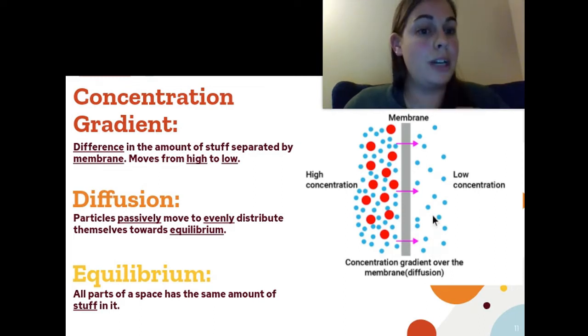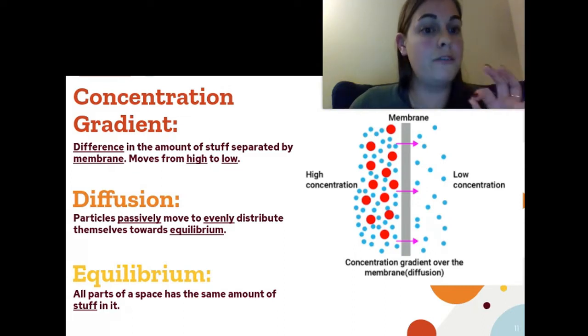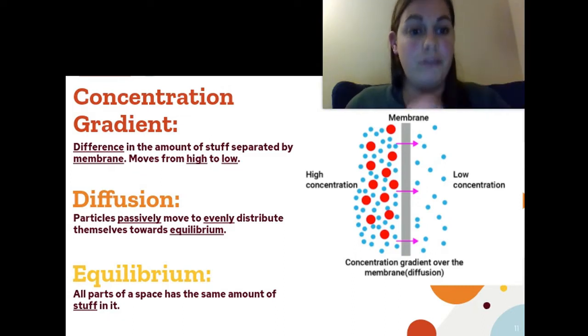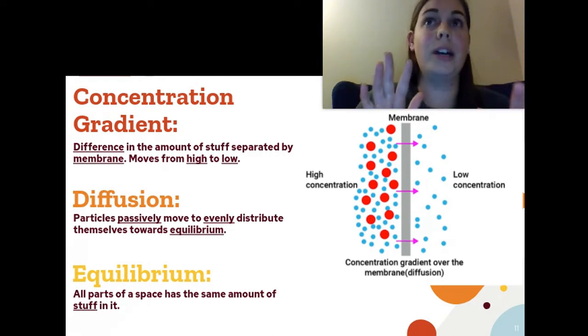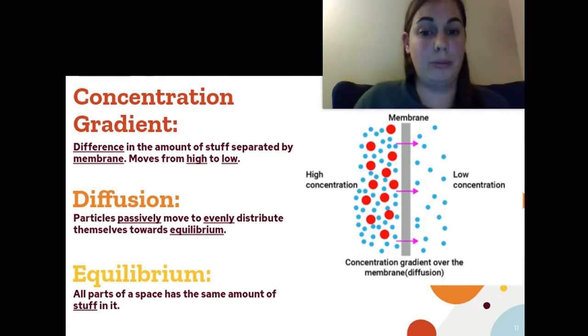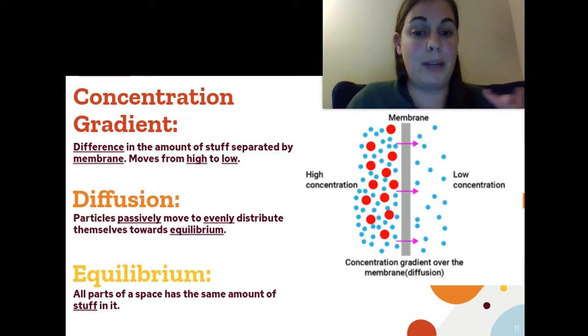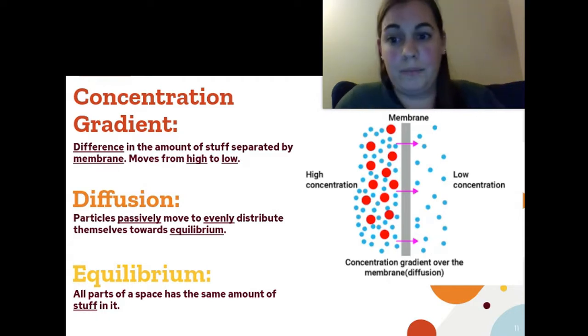This concentration gradient means high to low. Diffusion is the actual movement. So my particles are moving from high to low concentration until they are equal. And we call this equal balance being at equilibrium, meaning that all parts of a space have the same amount of stuff in it. So we're going to define these words out.